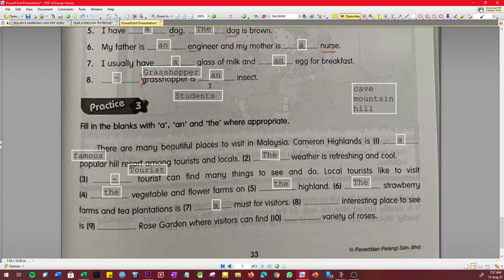So students must wear uniforms at school. Students must wear school uniform.